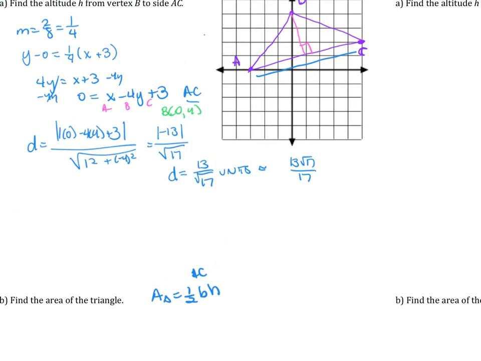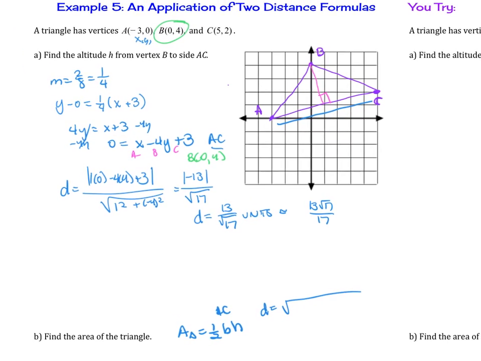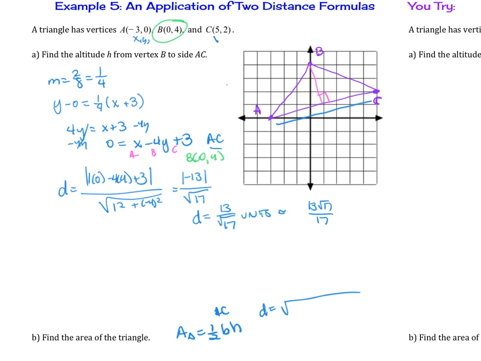In order to find the length, the distance equals the square root of, and so A and C, right? So x1, y1, x2, y2. We're using these points here. So that's going to be -3 minus 5 squared plus 0 minus 2 squared. So this equals the square root of 8 squared, which is 64, and then (-2) squared will be a +4.